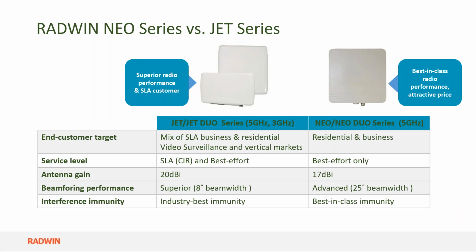So again, antenna gains are a little different. The Jet's a higher gain antenna than the Neo. Beam width on the Jet is 8 degrees versus 20 to 25 degrees for the Neo. But again, they both work pretty much the same. Like I said, the key differences are the Neo is going to be a less expensive alternative, so it's a more moderately priced product.